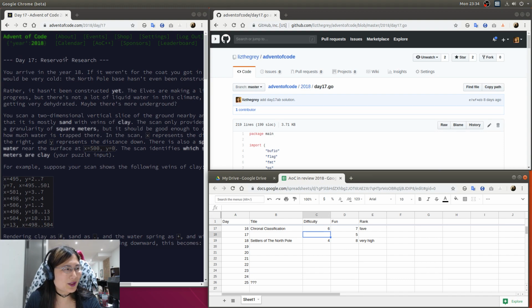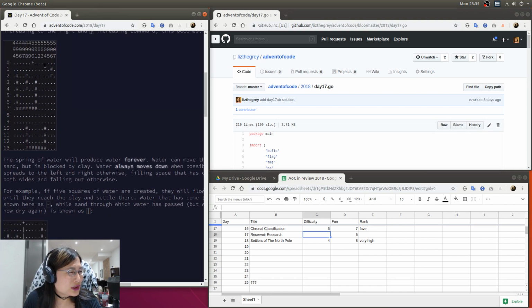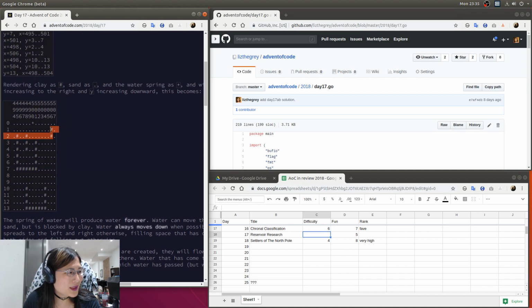Oh, what can I say about this puzzle? The thing that really, really infuriated me about this puzzle was the fact that the example here shows the first bit of clay being present on the very first row.